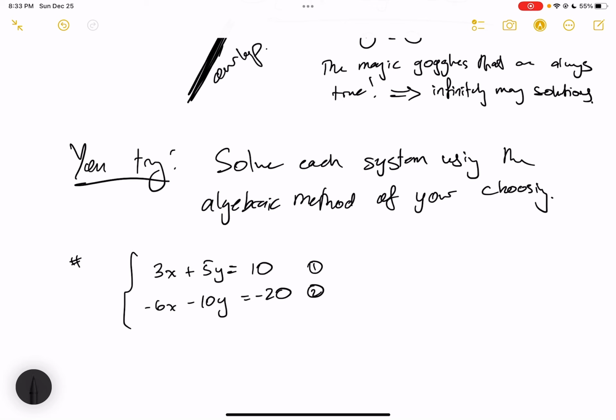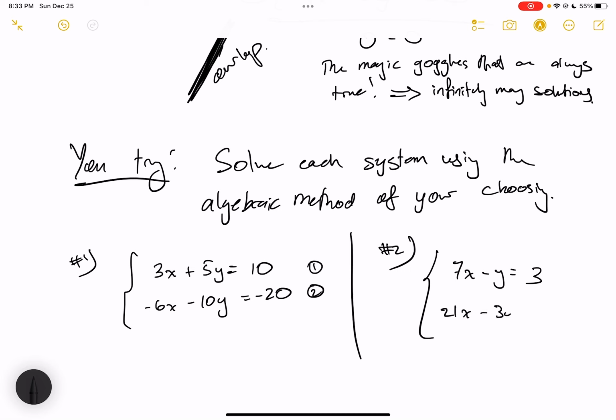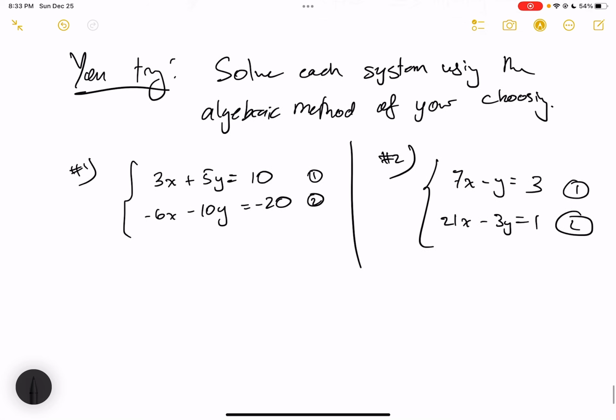I'm just going to have number 1 like this, and number 2 like this in order to better differentiate them. And the other system, I want it to be as follows. 7x minus y equals 3, and then 21x minus 3y equals 1. Equation 1, equation 2. Have fun with these algebros.